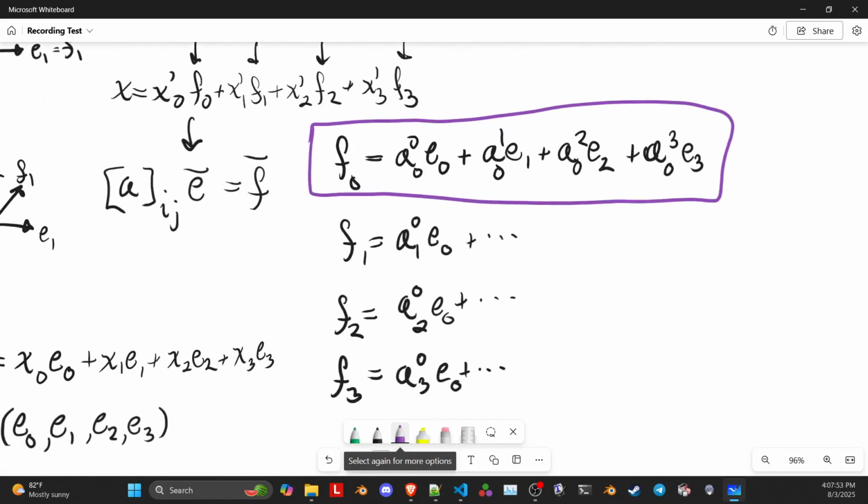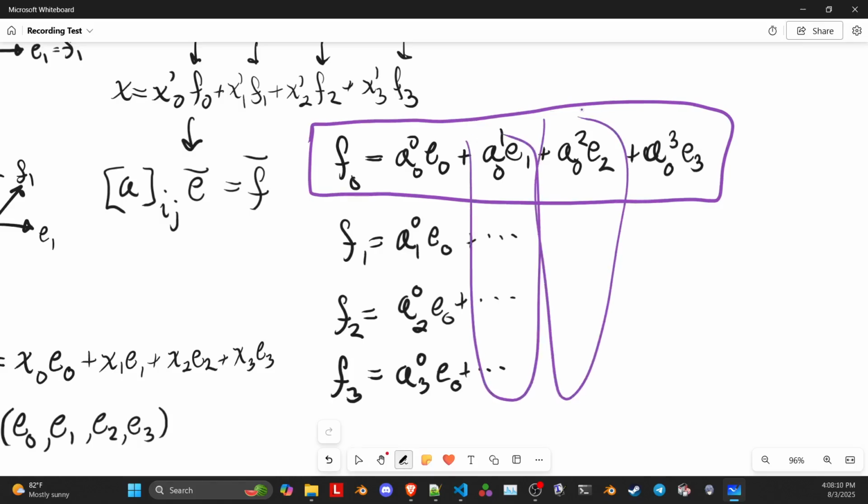So if we expand each of the F's in this X prime sum, we can collect just the E0 parts and regroup them together, and just the E1 parts and E2 parts and so on. Imagine you're circling this way.